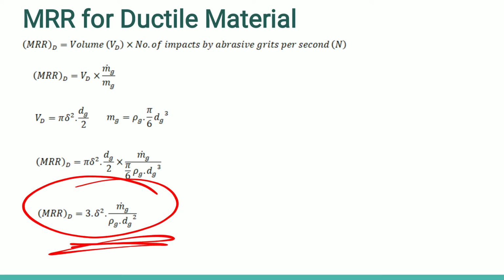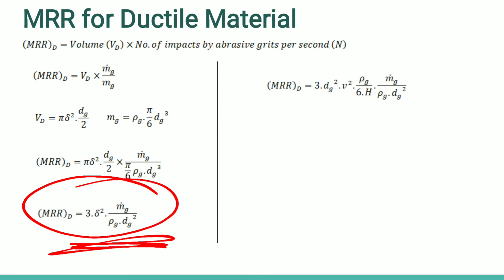But in case h or velocity is given to you, then we have to manipulate it and change it accordingly. When you change it, the value of delta that you have to put is dg into v into rho g upon 6h, all raised to 1 by 2.